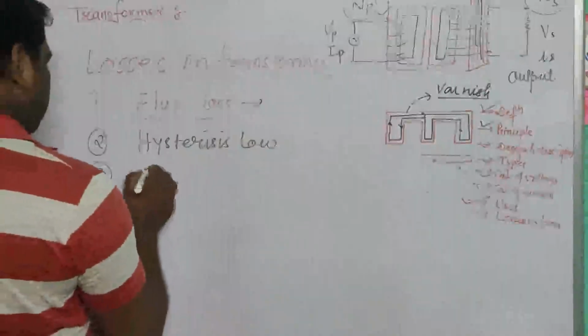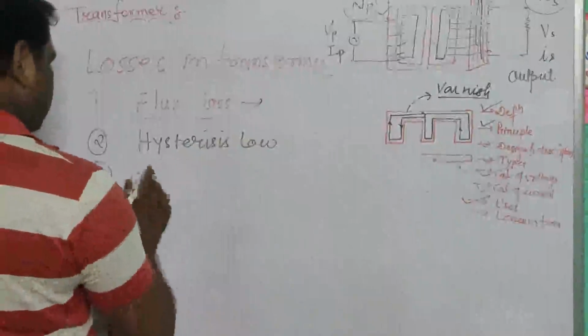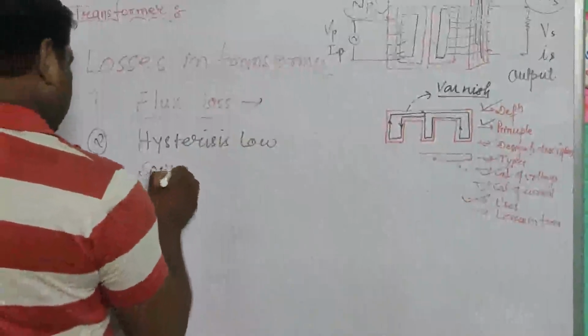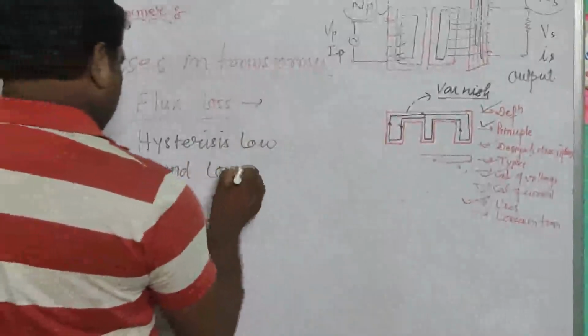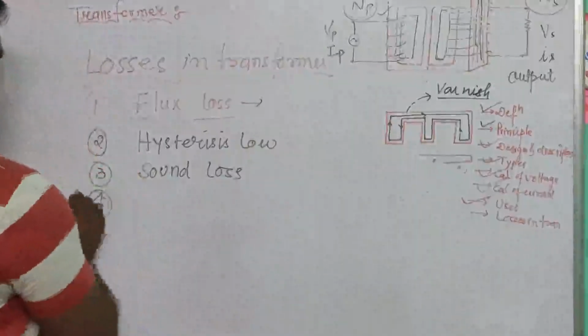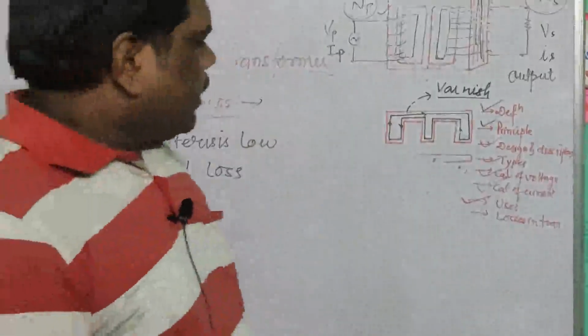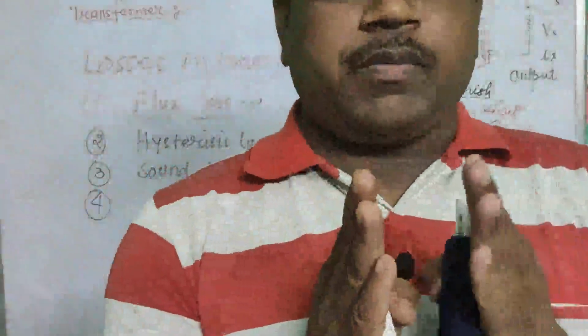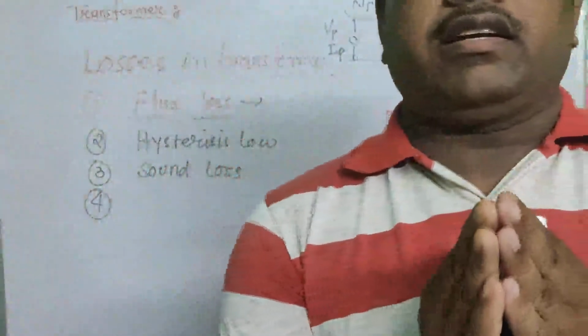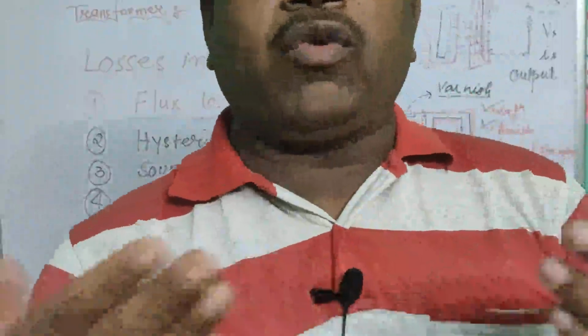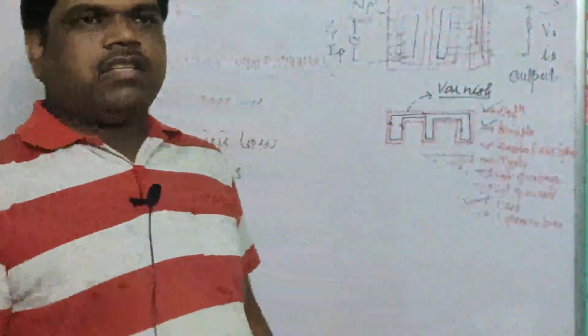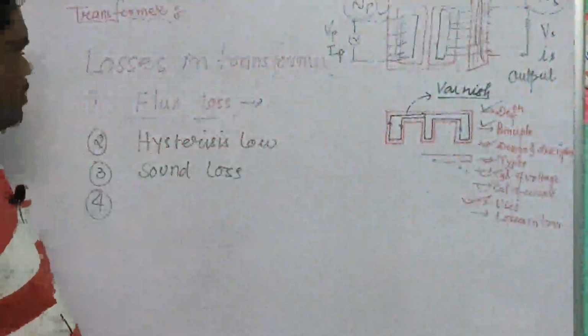There is another loss, that is sound loss. Sound is also a form of energy. Because of the magnetization and demagnetization, the staples may create a kind of noise, that is termed sound loss.